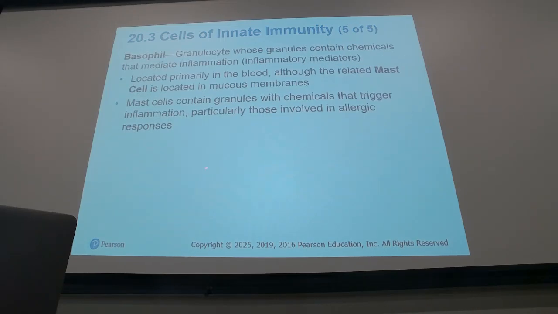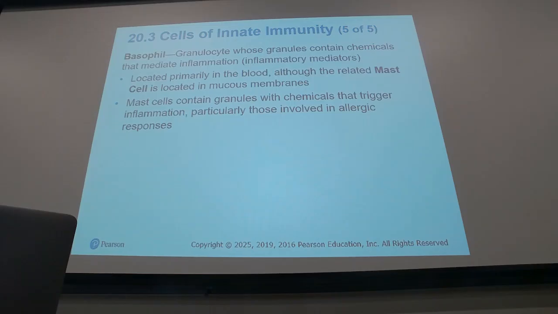Basophils are also granulocytes, and they also have, of course, granules with chemical mediators of inflammation. They are the least abundant type of white blood cells, and they are located primarily in the blood, although they are sometimes located in the mucous membranes, and in the mucous membranes they are known as mast cells or mastocytes.